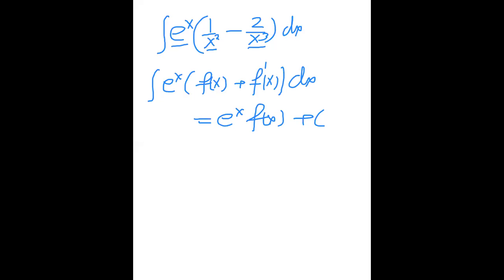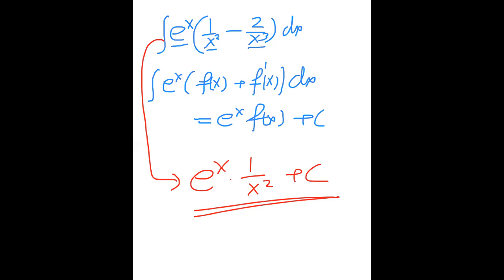So the integral of this will be e to power x into f(x), that is 1 upon x square, plus c will be the answer. So in this way we could do these questions. This was also part of the previous class, but still I thought one more question we must do on the basis of the above thing.